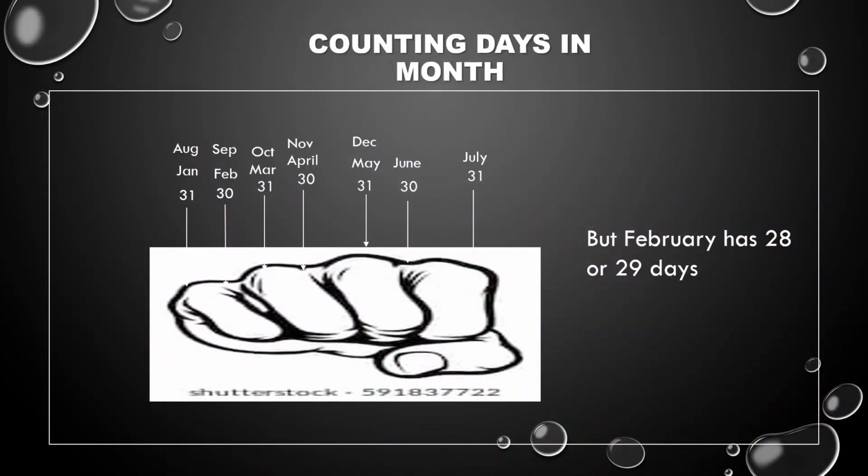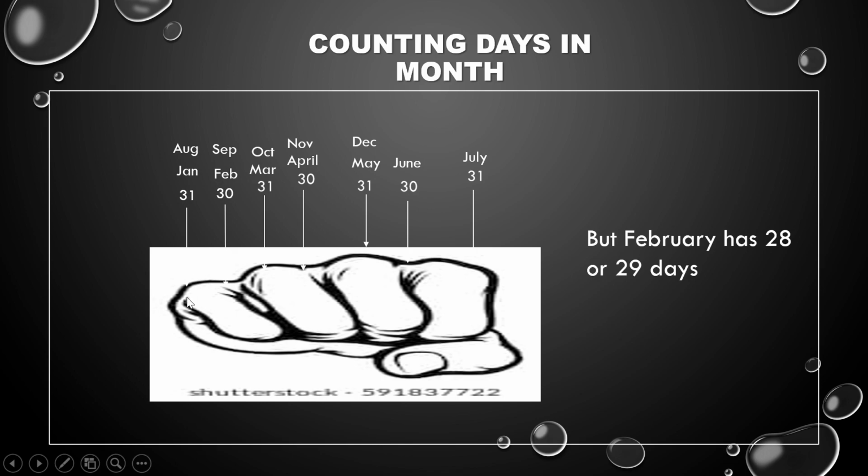Ishant, what if I told you there was an easy way of counting days and months? What is it? So hold your wrist tight like shown in the picture, and count from January to December. Count from the knuckle to the space between, like January, February, March, April, and so on.